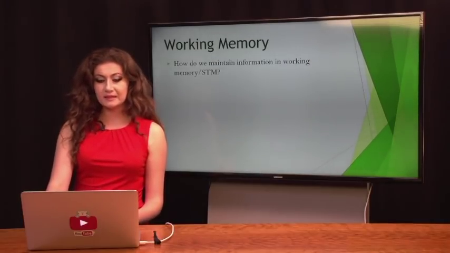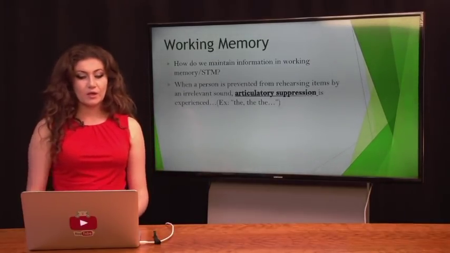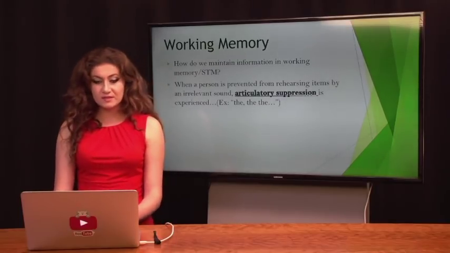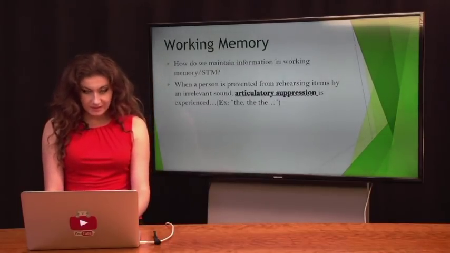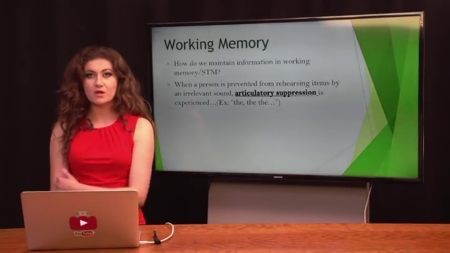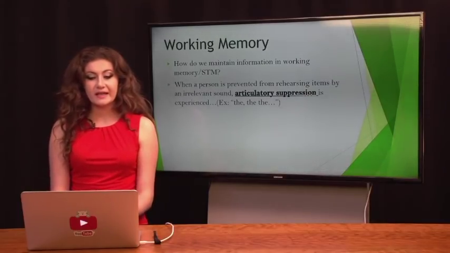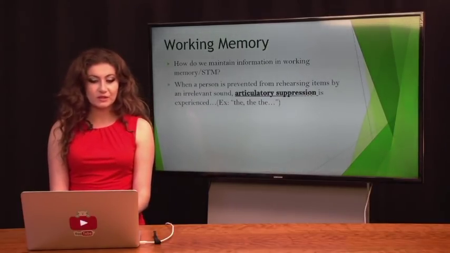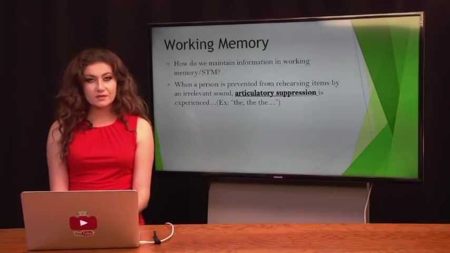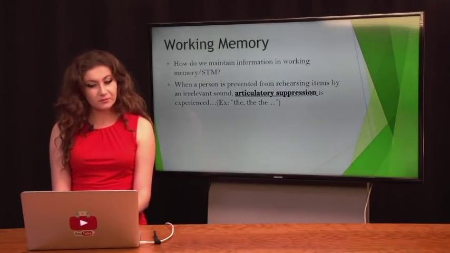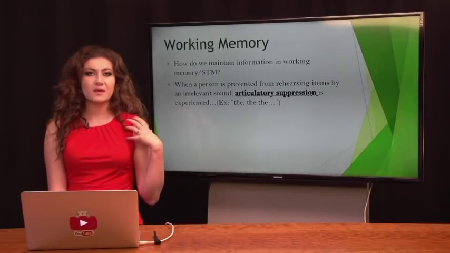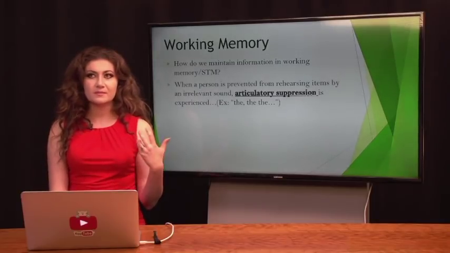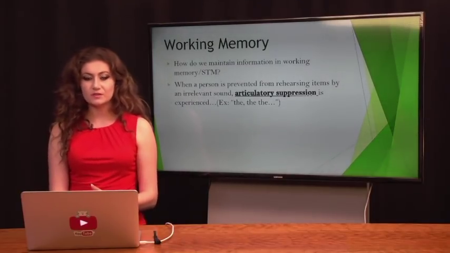So how do we maintain information in working memory? Well, one interesting thing is that rehearsal doesn't always work. There's a phenomenon called articulatory suppression. This is when a person is actually prevented from rehearsing items because of some irrelevant sound or something else that is interfering auditorily.